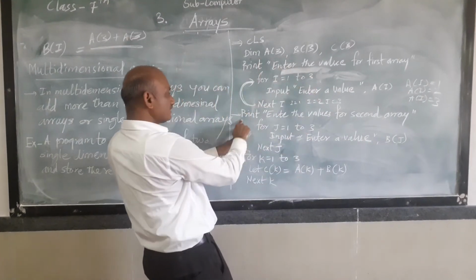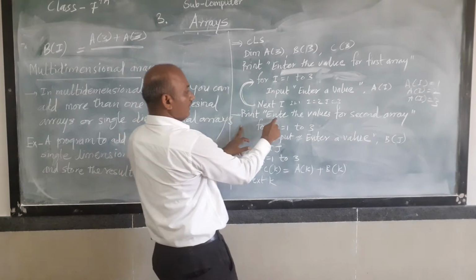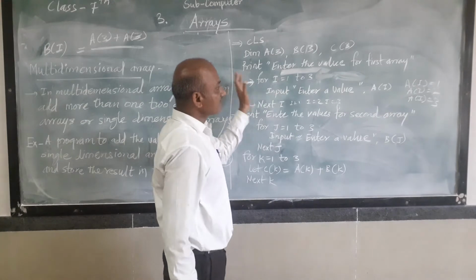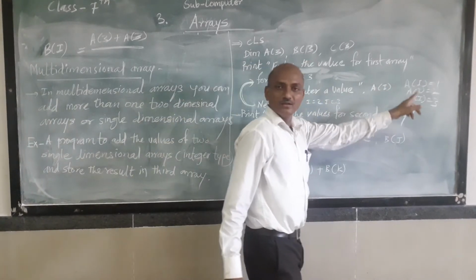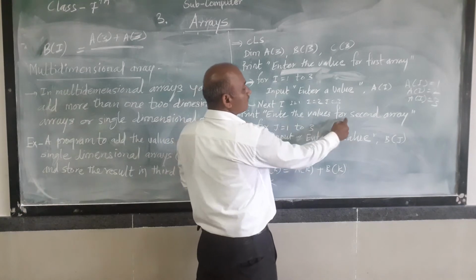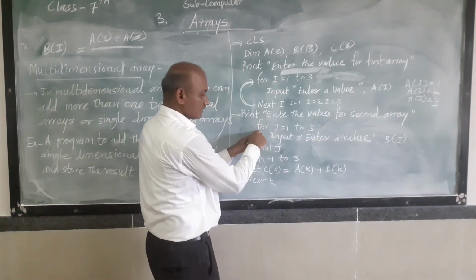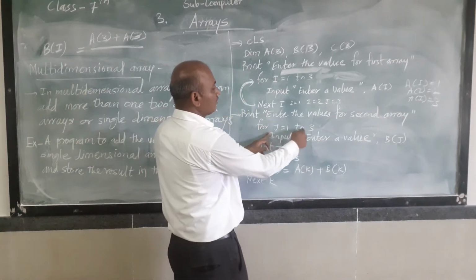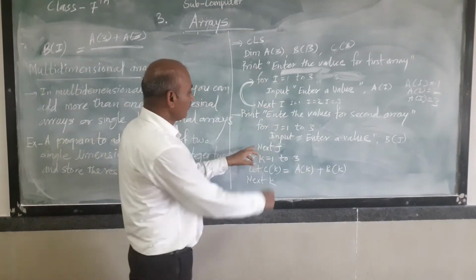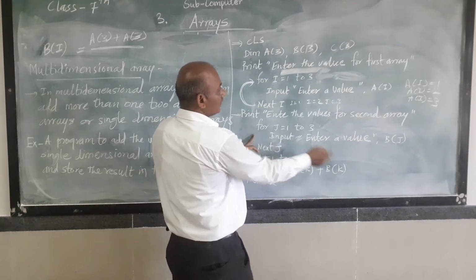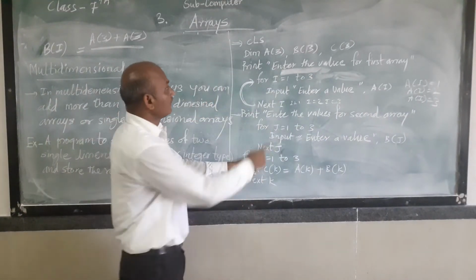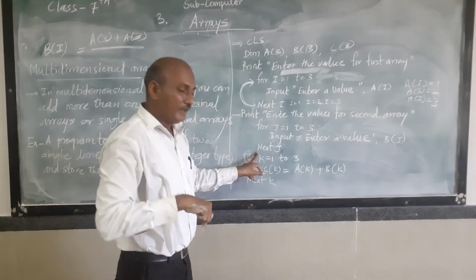From this position the cursor comes here. Print, enter the values of second array. The first array values are complete, 3 times. Now print, enter the values of second array. The cursor comes here, J is equal to 1 to 3. The same procedure happens here. That was for a; now we have to do it for b.